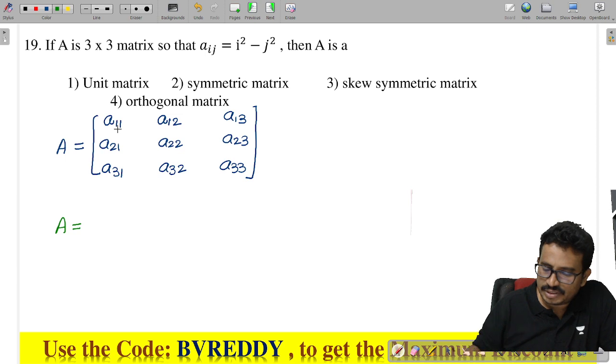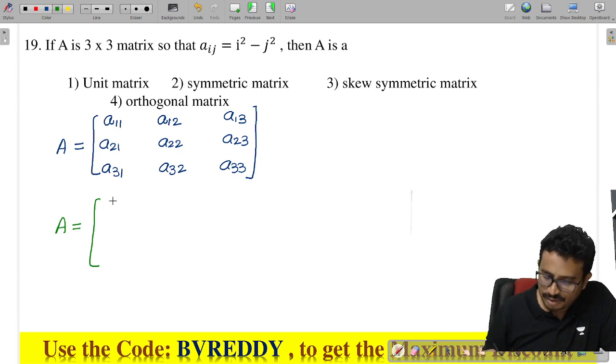Now you tell me now the matrix. The first one is i, the second one is j. So can you tell me this element here? They given i square minus j square: 1 square minus 1 square, which is 0. 1 square minus 2 square is minus 3.